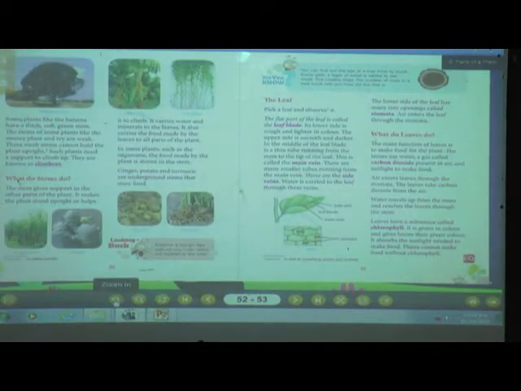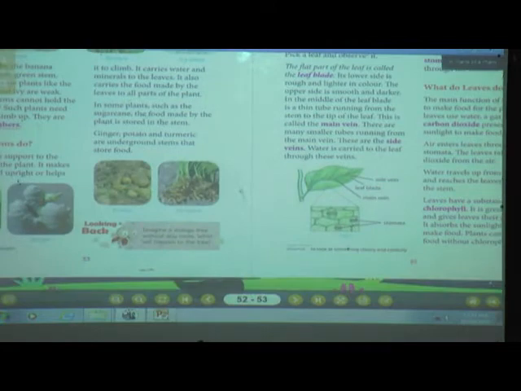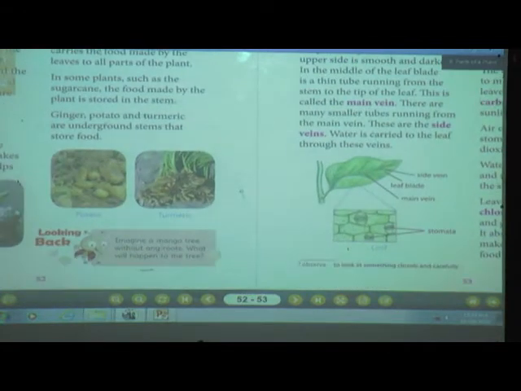Now here they have given one question. Imagine a mango tree without any roots. What will happen to the tree, students? See, mango tree means a very big tree, isn't it? So what will happen? Can you tell me? A mango tree without roots will topple over and fall down, and it will not get water and minerals from the soil, isn't it?